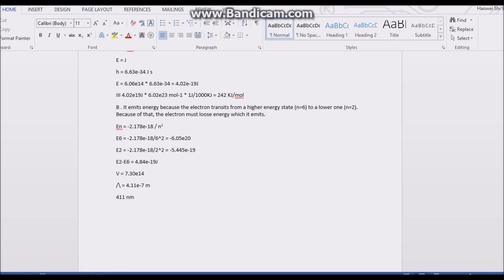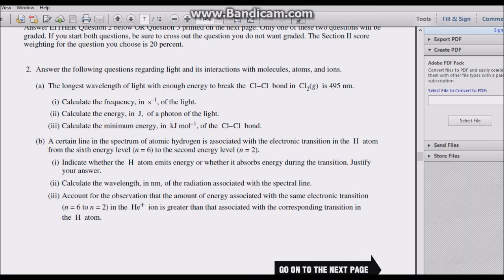Alright, next up, for the final one, it's about electrons. So it's about periodic trends and how it affects electrons.